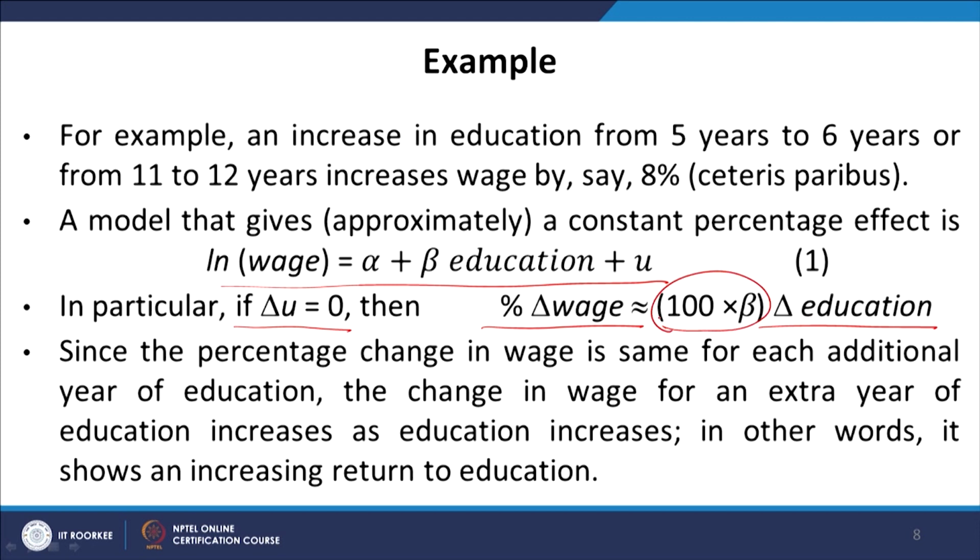Since the percentage change in wage is the same for each additional year of education, the change in wage for an extra year of education increases as education increases. In other words, it shows an increasing return to education.